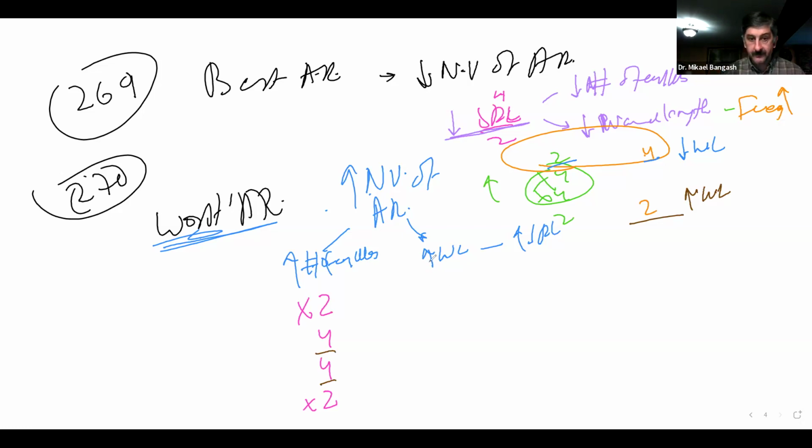We don't have wavelengths, we have frequencies, so we look for the lowest frequency. We have 4 megahertz and 2 megahertz.